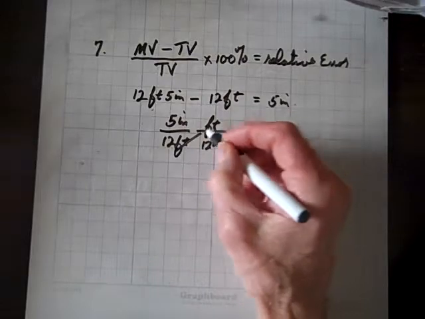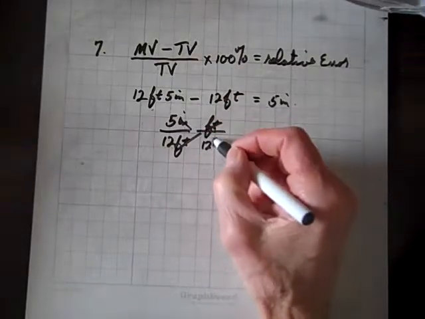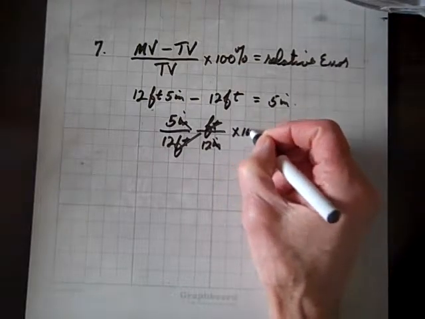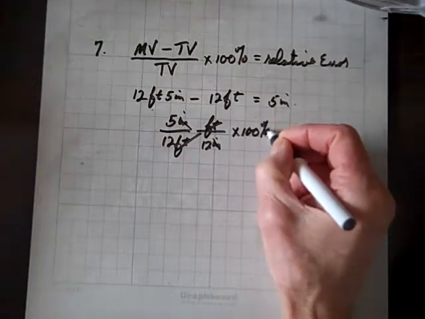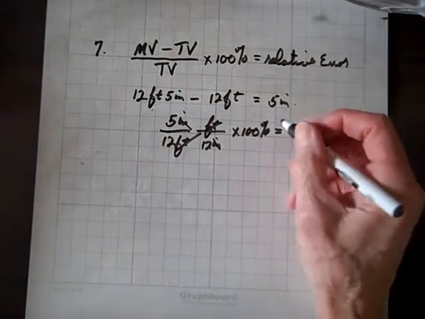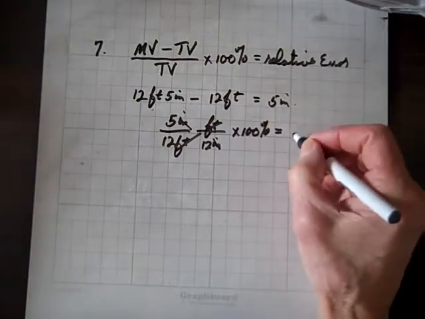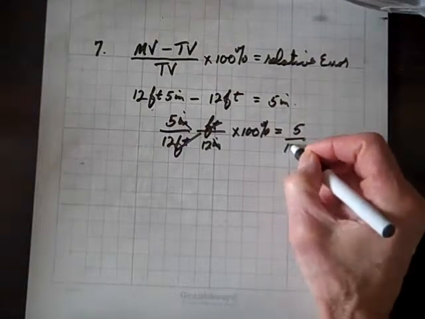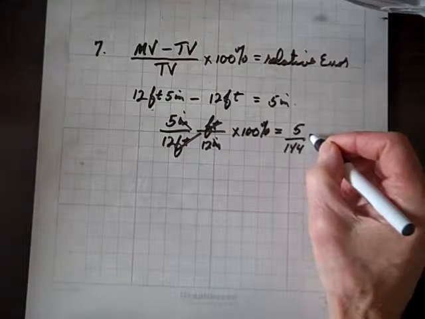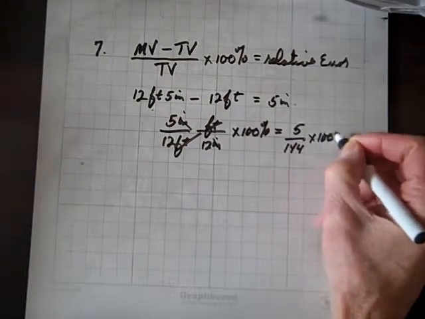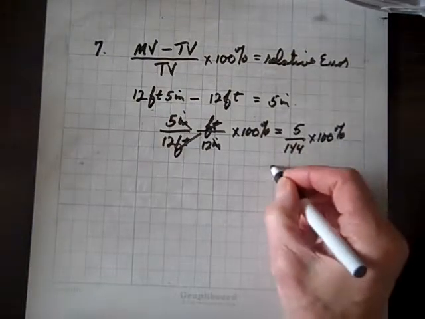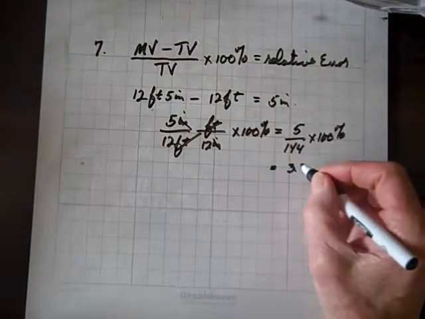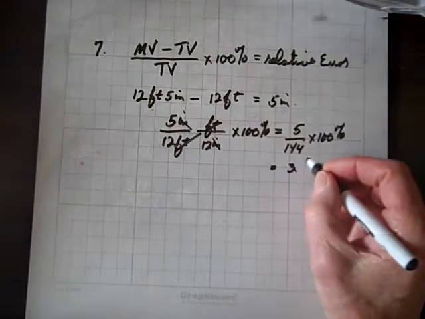Now the feet divide out, the inches divide out, so our units are gone, and we'll also multiply by 100%, and that will equal 5 over 144 times 100%, which equals 3.5%.